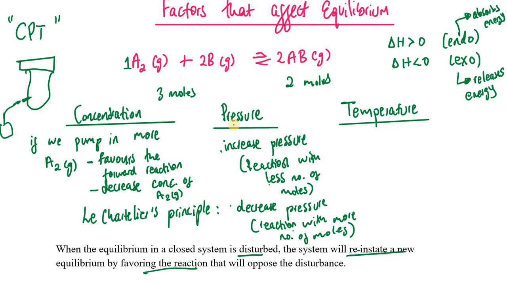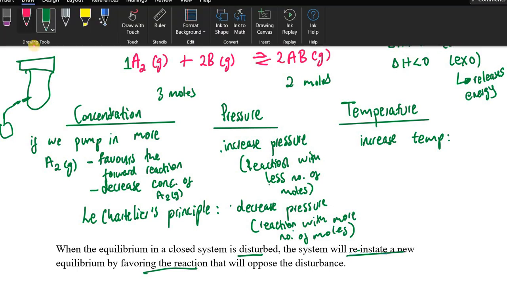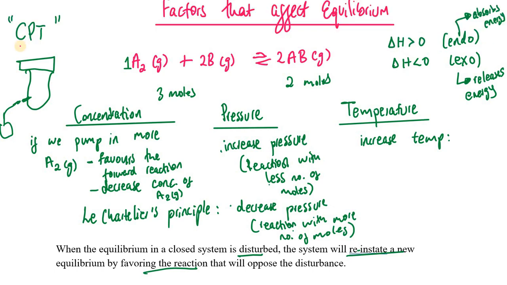Now, if you increase temperature, you must first check whether the reaction is endo or exo. So here I'm going to give you that this reaction is exothermic. Now, you must start here and understand that since the reaction is exothermic, it's already hot.